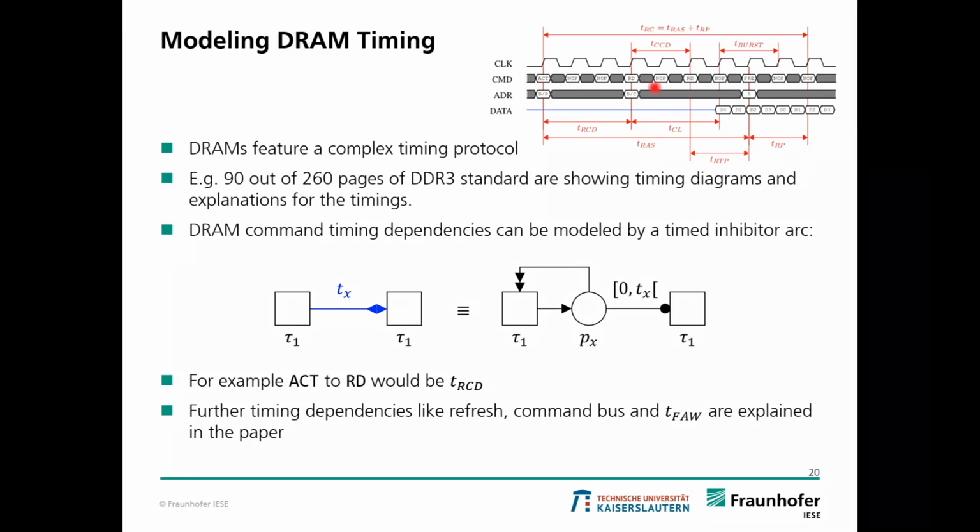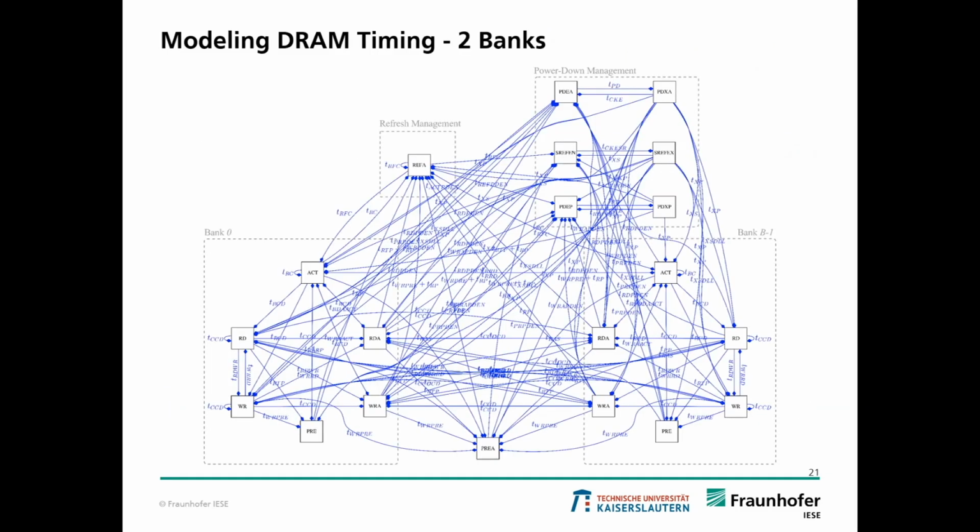And as I said, for activate and read, this would be, for example, tRCD, and then we would draw between an activate transition and a read transition an arc with the tRCD on top. Further timing dependencies like refresh, command bus, and tFAW are explained in the paper that we published at the MEMSYS conference. And if we now add timing to our picture, it will look like this.